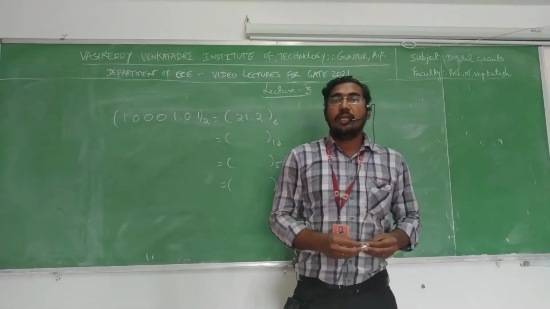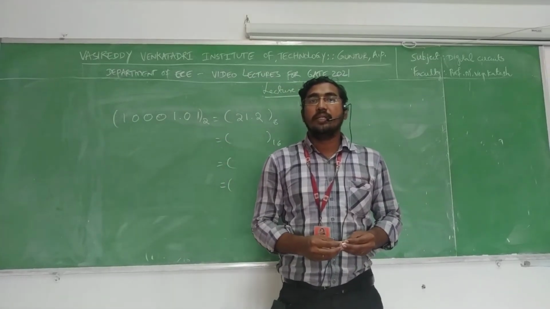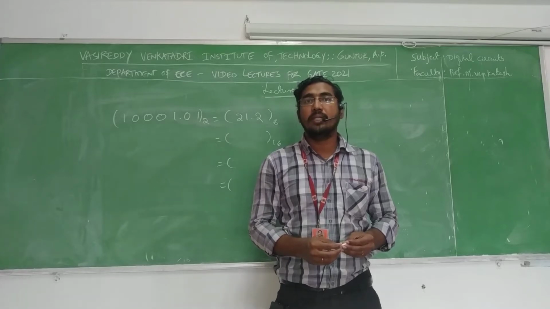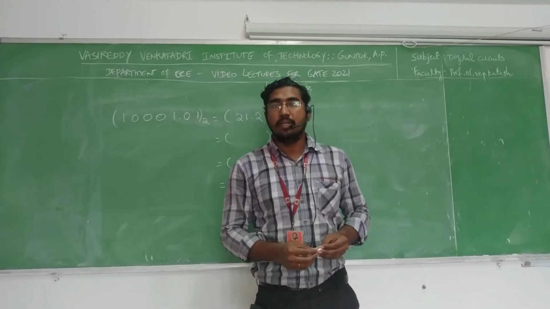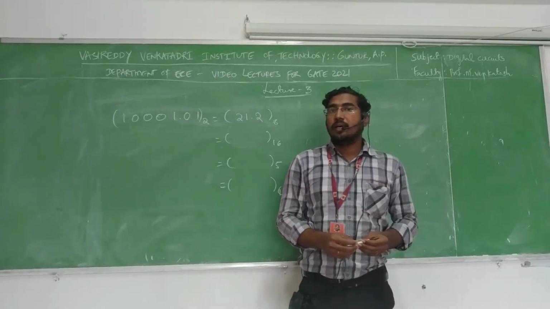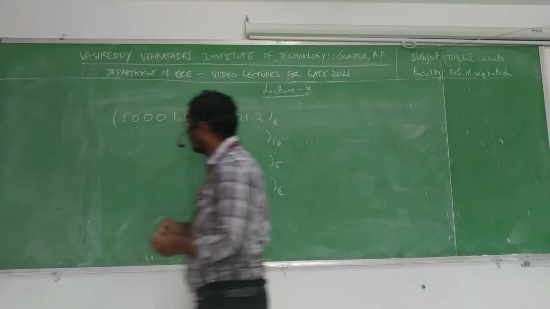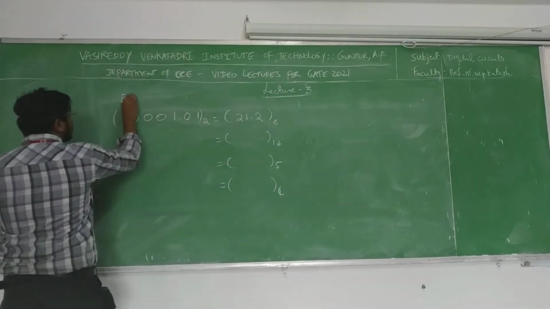In the last video lectures, we covered the different number systems present and how to convert from decimal to other base and other base to decimal. In the last video lecture, we were solving the problem of binary to other base.